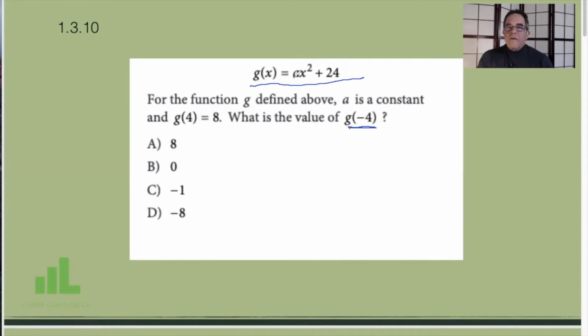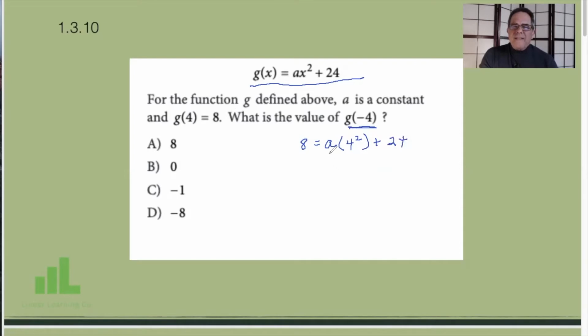We have no value for a. But we're told here that when x is 4, the answer is 8. So all we do is say, great. So 8 is going to equal a times 4 squared plus 24.